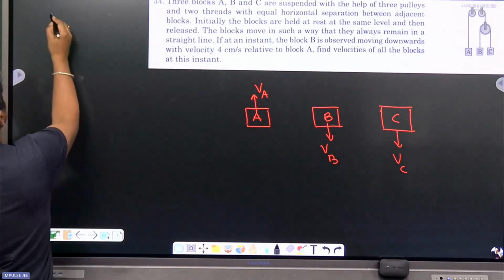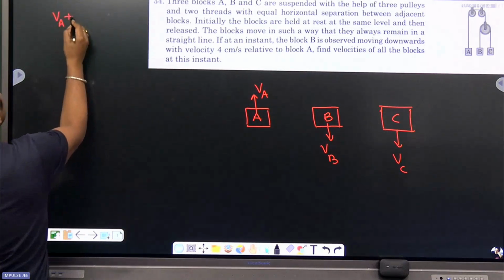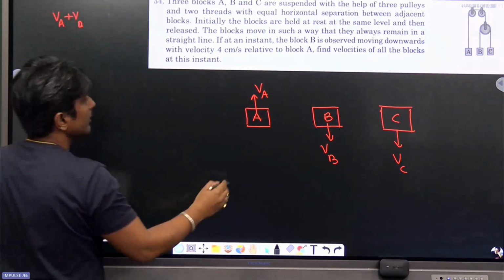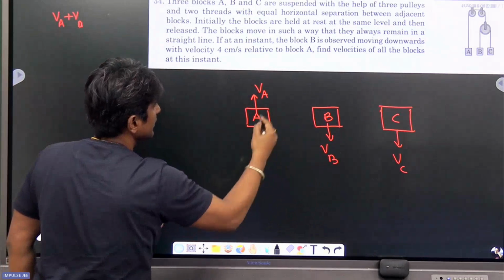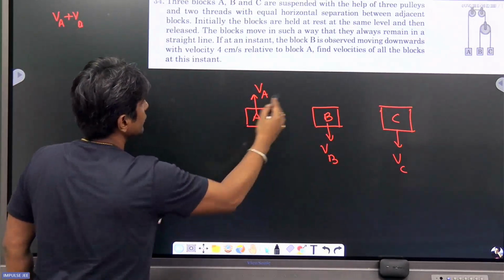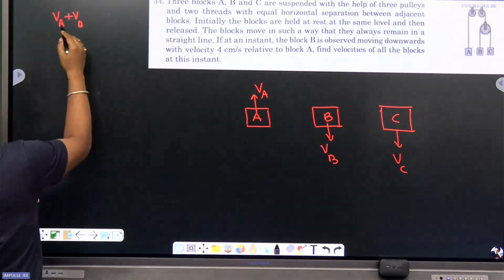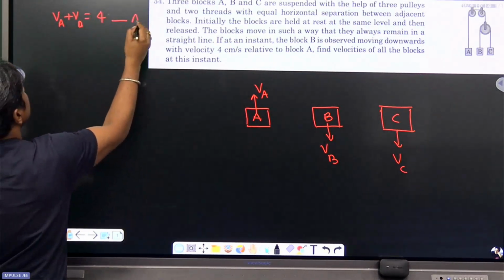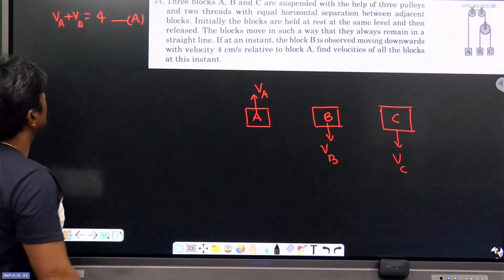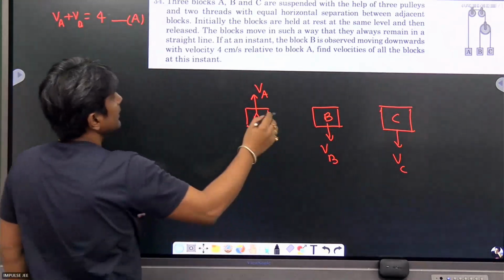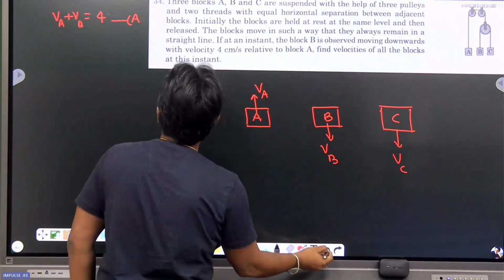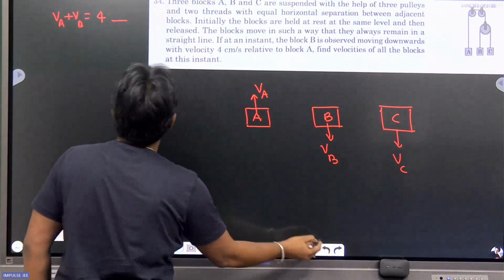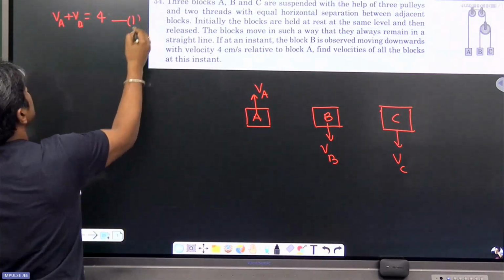So what we can write, it's given in the question VA plus VB, according to the direction shown in this diagram, is nothing but 4. Say this is your equation 1.